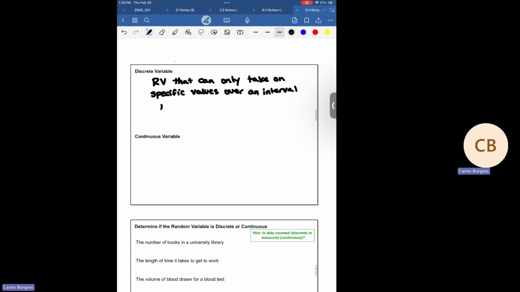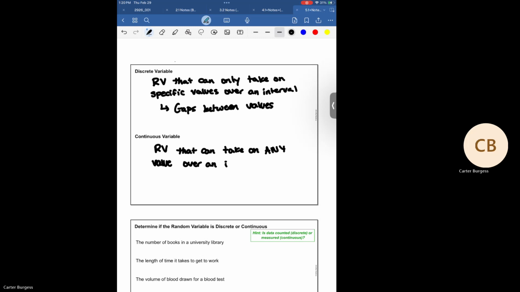Another way to think about that is there are going to be gaps between the values. Whereas a continuous variable is going to be a random variable (RV denotes random variable) that can take on any value over an interval. So there are no gaps.